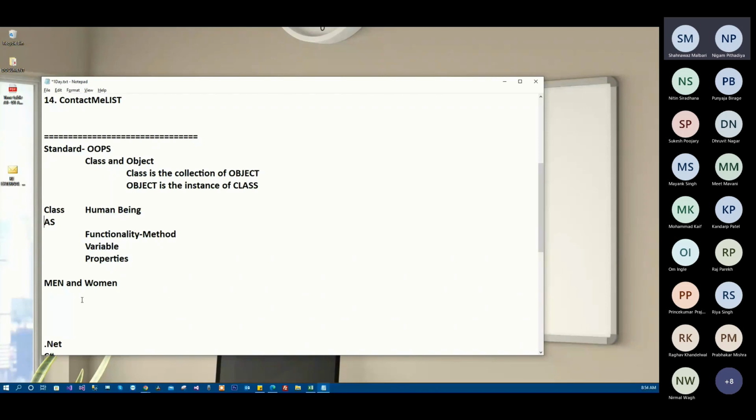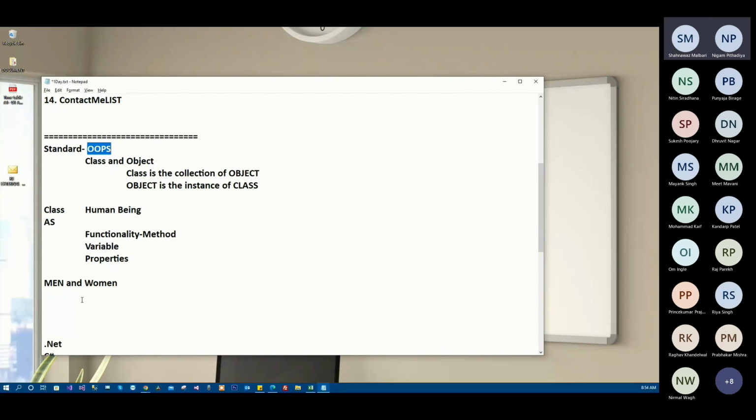So keep in mind, object-oriented is the concept behind today's programming. Before that, there were a lot of concepts, but slowly they improved and found the best one, object-oriented programming, to fulfill real-world examples. So they came up with the standard for object-oriented programming. I hope I'm clear with this.